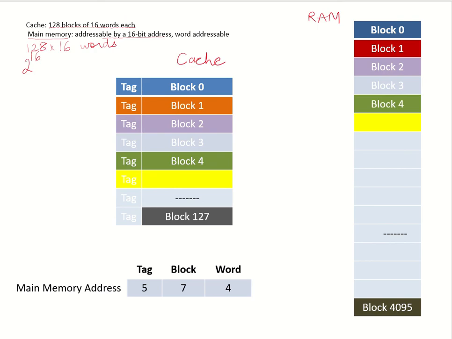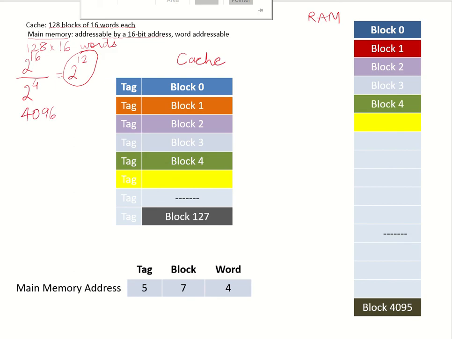We know that there are a total of 2 to the power of 16 addresses. So 2 to the power of 16 divided by 2 to the power of 4, which is 16, gives us 2 to the power of 12. That means there will be 2 to the power of 12 blocks in the RAM. 2 to the power of 12 is 4096.